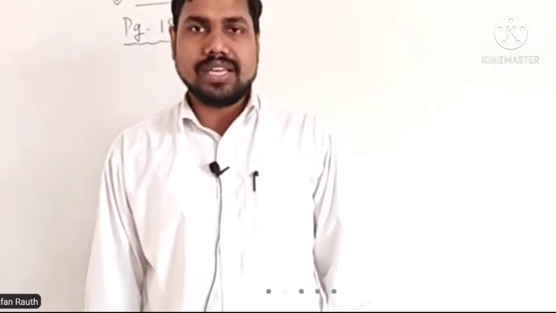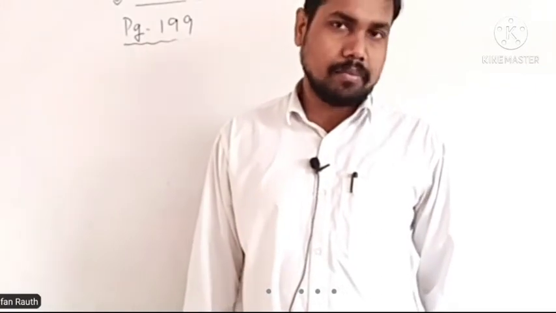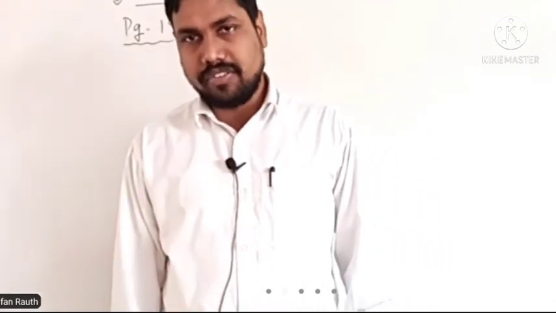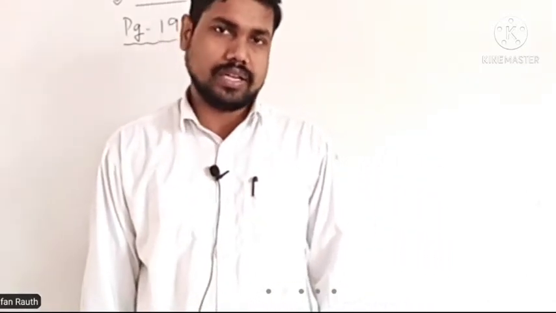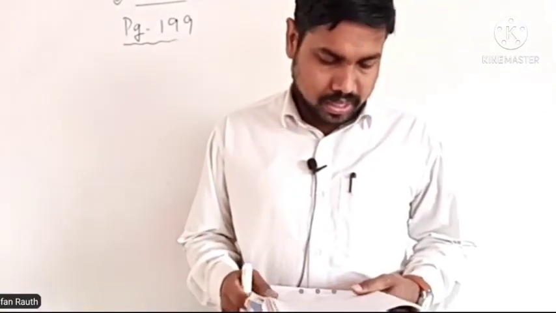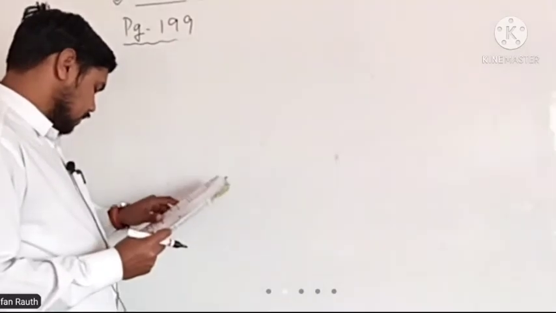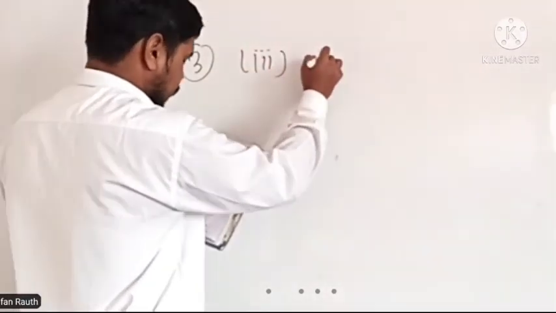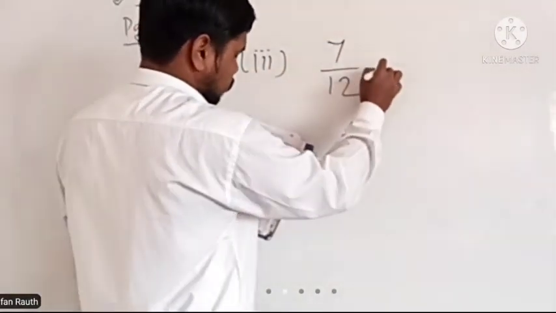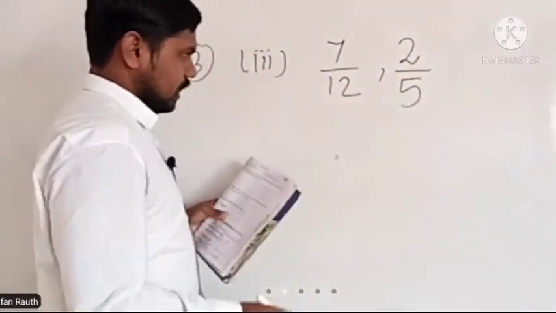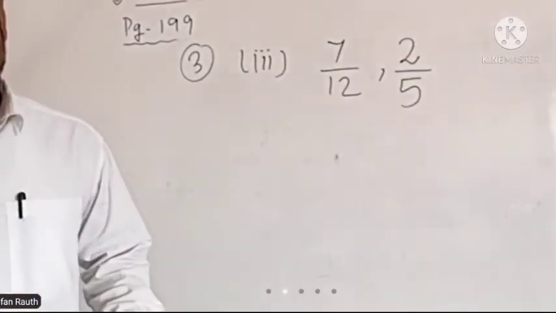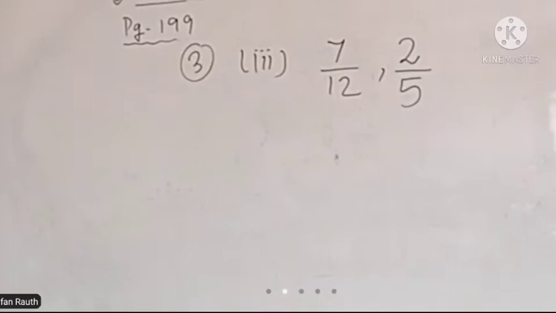So ये तीन cases हो सकता है, one case may be if denominators are same, second case may be if numerator are same, third case it may be numerator and denominator both are different, so you need to make the denominators equal and then you can compare. तो यहाँ पे दो नंबर दिए हुए हैं, let us see one example. Okay, so third question number I am talking about, let us take third one only, where it is given 7/12 and 2/5. So quickly tell me everyone which one is greater. यहाँ पे दोनों जो है अलग है, तो सबसे पहले आपको दोनों का डिनोमिनेटर सेम करना पड़ेगा and then you can compare. So quickly tell me everyone which one will be the greater.